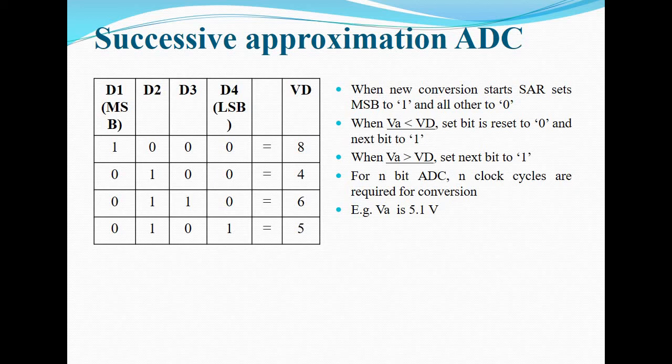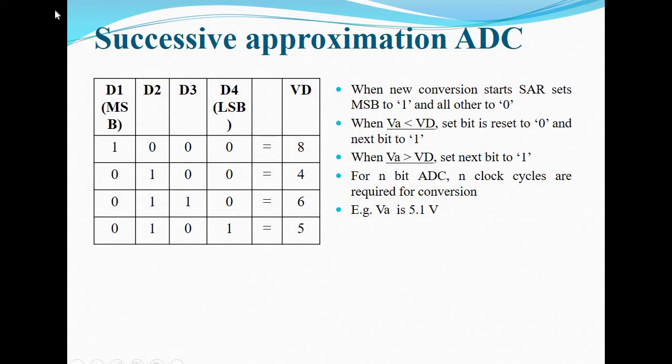When VA is less than VD, the set bit is reset to 0 and the next bit is set to 1. When VA is greater than VD, the set bit stays and the next bit is set to 1. These are the two cases. Since it is a 4-bit converter, there are 4 iterations.